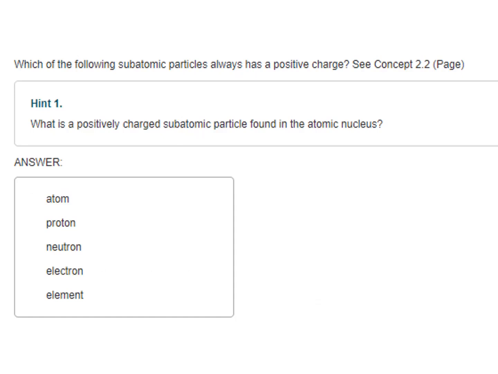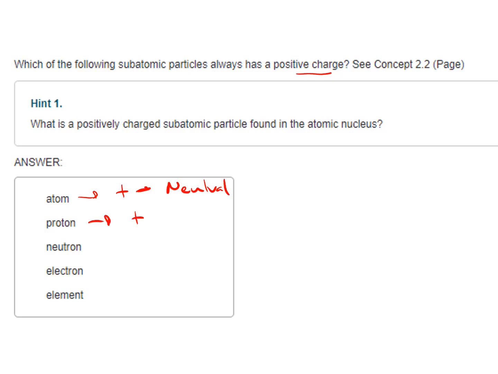Okay, try to answer this question. Which of the following subatomic particles always has a positive charge? This is really easy. Remember, the atom has positive, negative, and neutral particles.